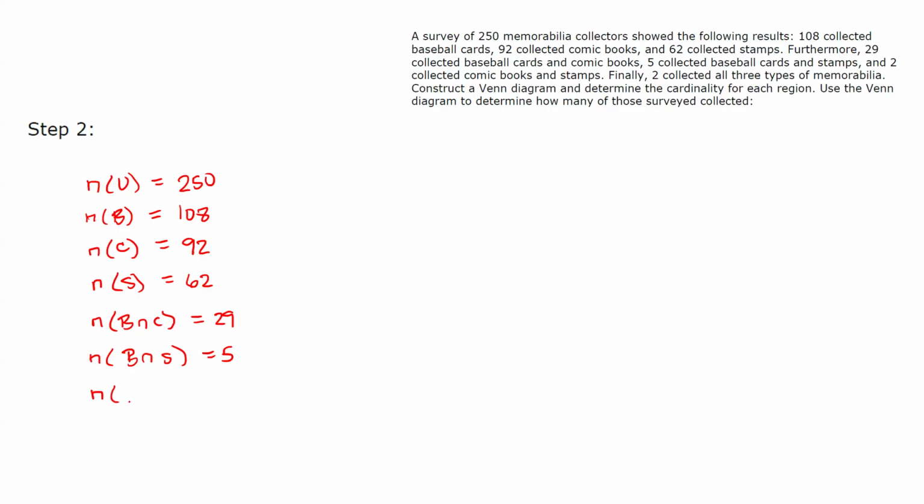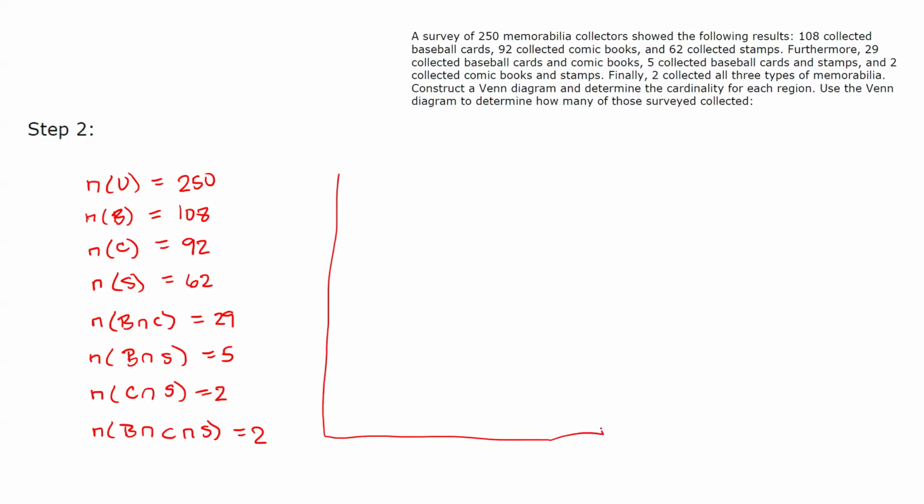The number of collectors who collected comic books and stamps is 2. And then lastly, the number of collectors who collected baseball cards and comic books and stamps is also 2. Okay.